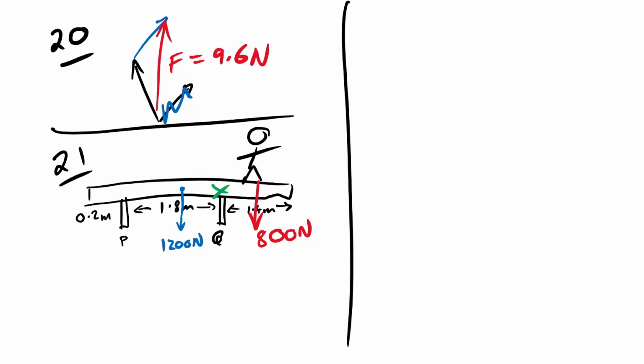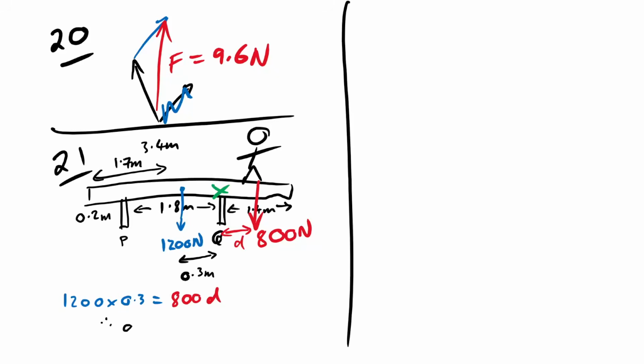So we can say that this distance here, if that's 2 meters, and it's 3.4 altogether, then that means that it's 1.7 between. Ugh, so much effort. So that's 2, so that's going to be 0.3 meters. Fine. So therefore we can say that 1,200 times 0.3 is equal to 800 times this distance here.